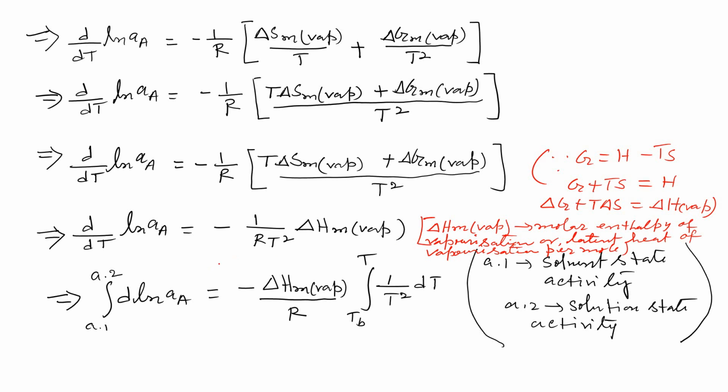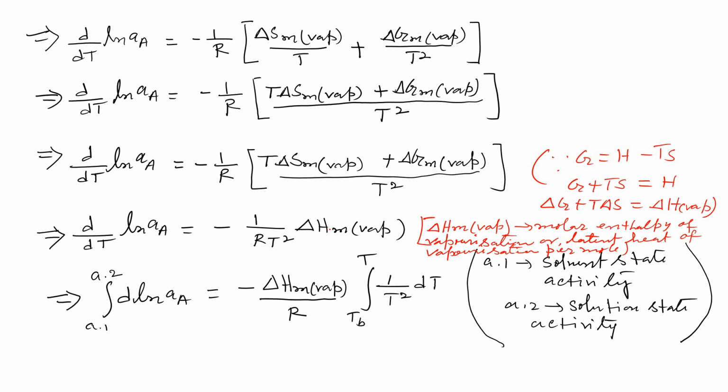Okay, so now I integrate this equation within the limit. So integration of d ln A, dT, I am taking this side. So d ln activity of A, and this limit is A1 to A2, where A1 is the solvent state activity and A2 is the solution state activity, is equal to minus delta Hm.